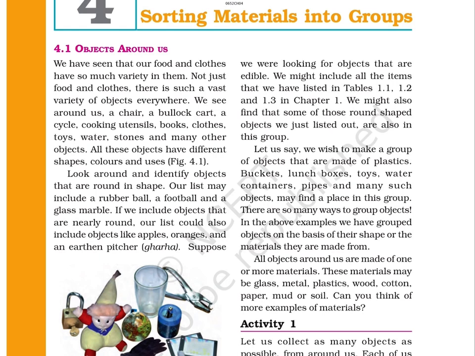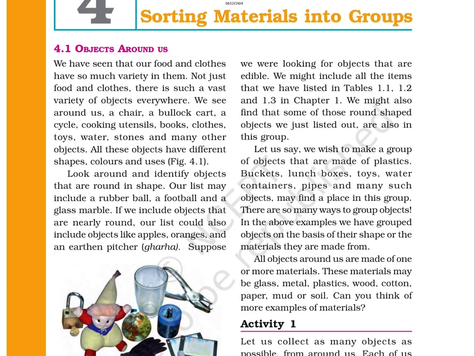Let us say we wish to make a group of objects that are made of plastics. Buckets, lunch boxes, toys, water containers, pipes, and many such objects may find a place in this group. There are so many ways to group objects.